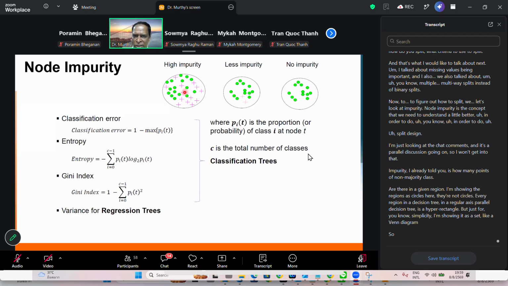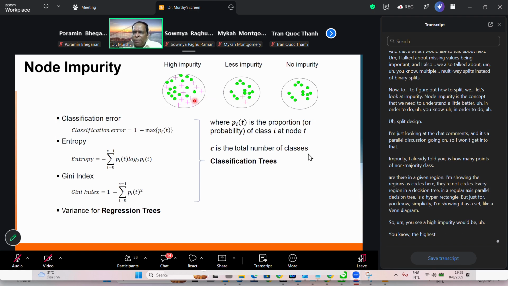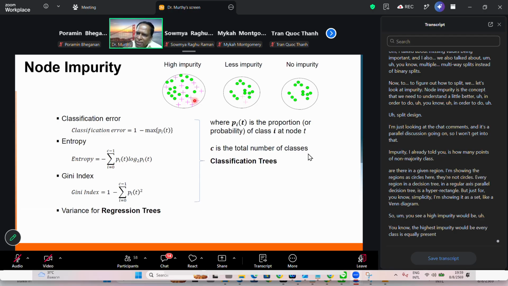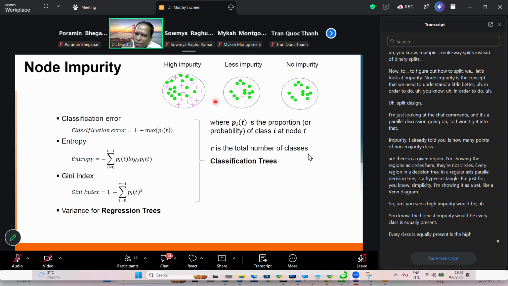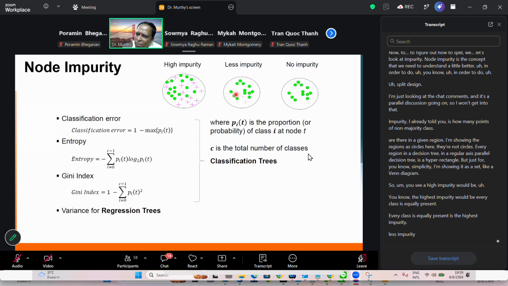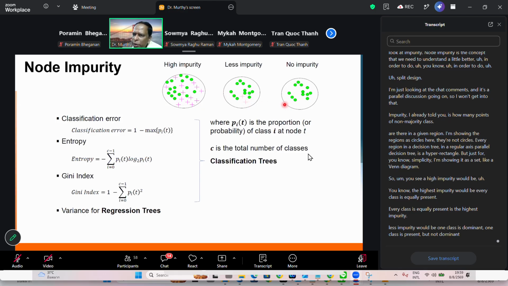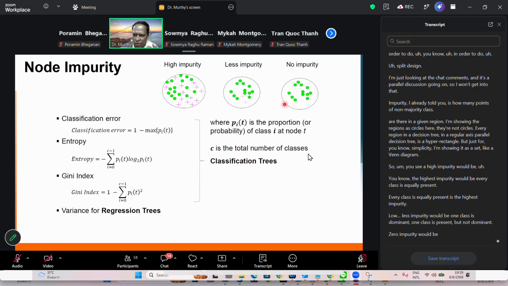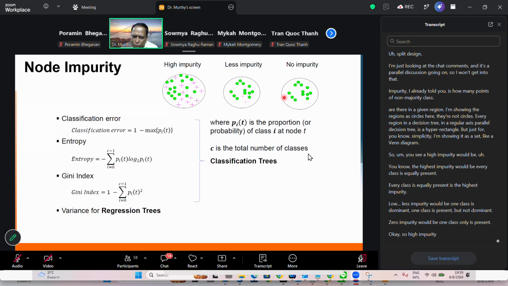The highest impurity would be every class equally present. Less impurity would be one class is dominant, another class present but not dominant. Zero impurity would be one class only is present. So high impurity, low impurity, no impurity.